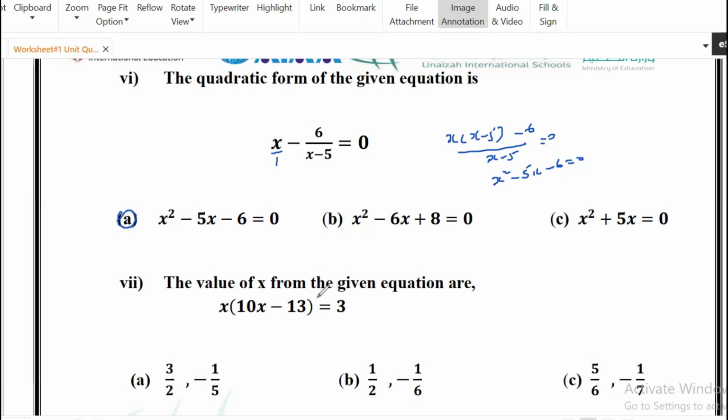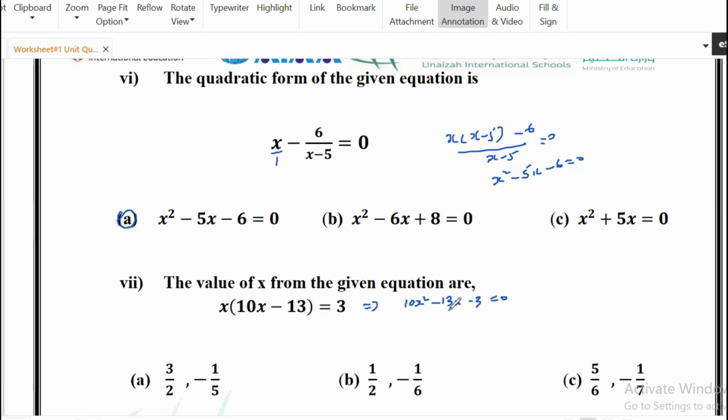Next one, the value of x from the given equation. First of all, we will try to simplify, multiply x inside, it gives me 10x squared minus 13x. Bring this 3 from right to left, it becomes minus 3 equals 0. Now we'll factorize.